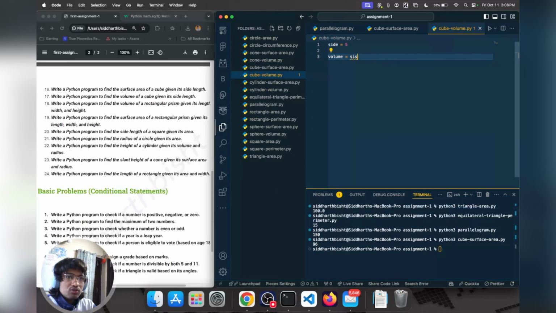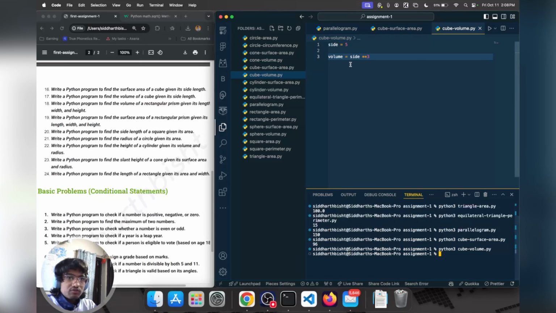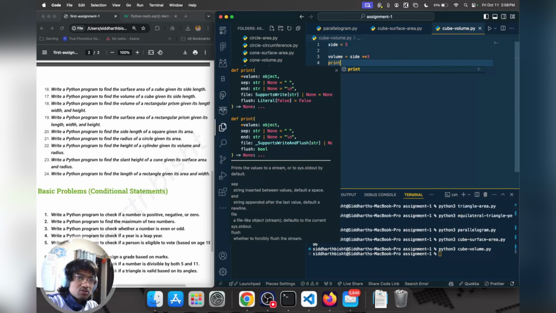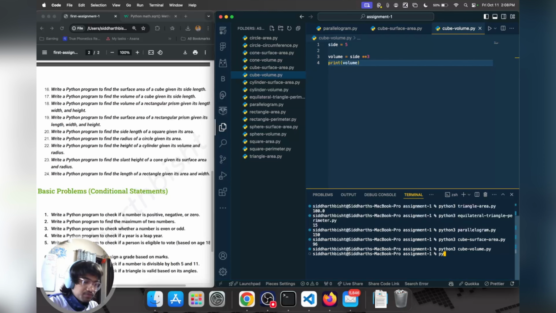It's like side cube. So I will just run this, Python 3 cube volume.py. Oh, I have forgotten to print it. So let's print it. Print volume. Python 3 cube volume.py. I got its volume.